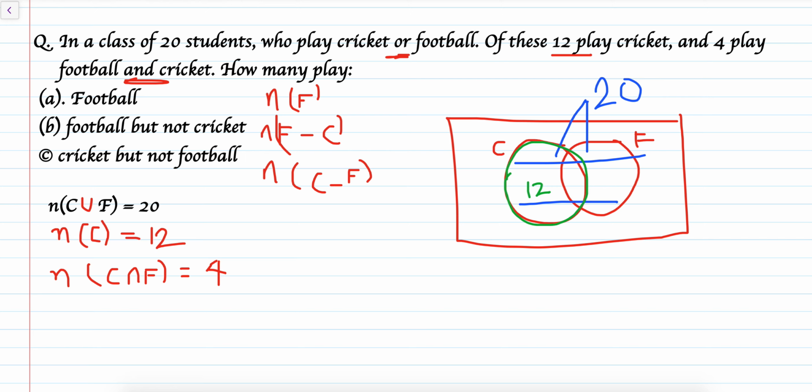So clearly we see that this complete region is 20, this part is 12. So this part alone would be 8, right?